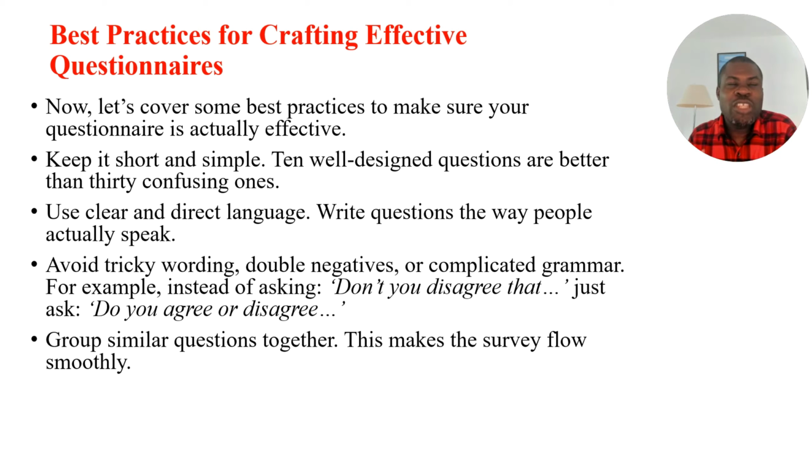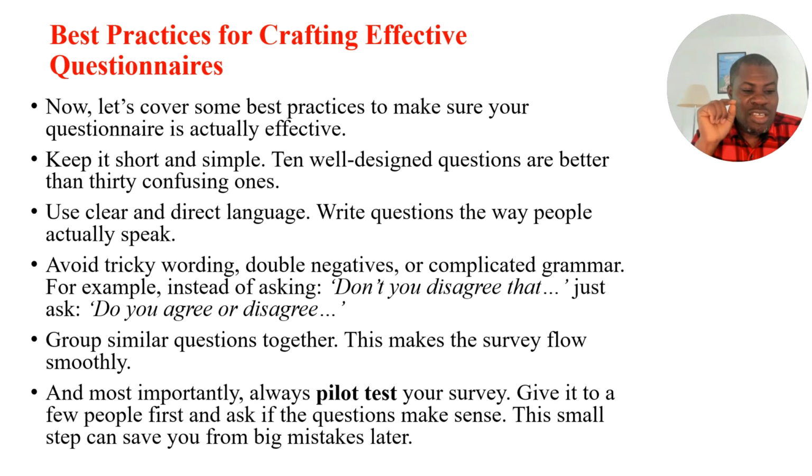Those measuring behavioral engagement will also be grouped together, so that it allows the respondents a free flow of responding to your questionnaire. Lastly, and most importantly, always pilot test your survey. Give it to a few persons and let them go through the questions and make sure that they understand them before you apply the survey to the main people you want to survey. This small step can save you from big mistakes later.